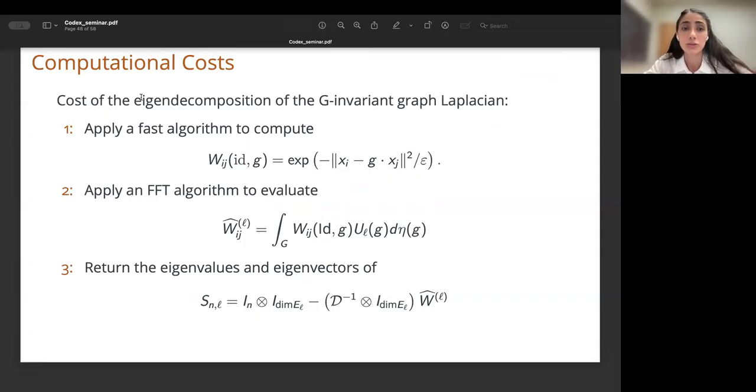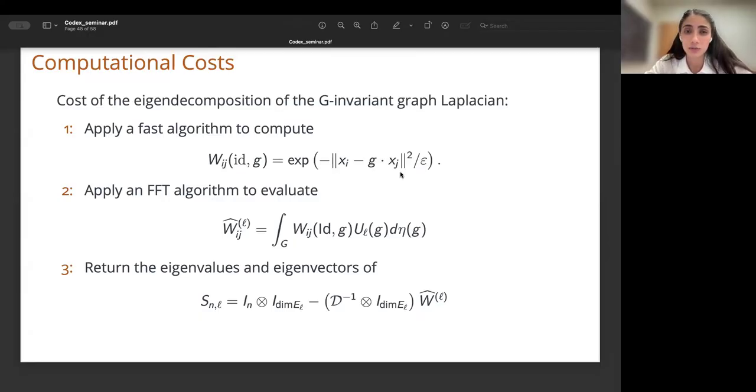So to find the eigendecomposition of the G-invariant graph Laplacian, which is what we are then going to use to do spectral embedding, we need to compute these weights. And this can be non-trivial because computing here this transformation of how G acts on Xj can be costly depending on the group and the data set that you're working with.